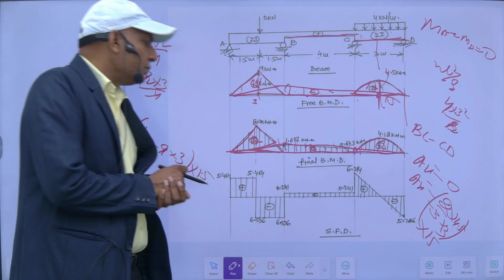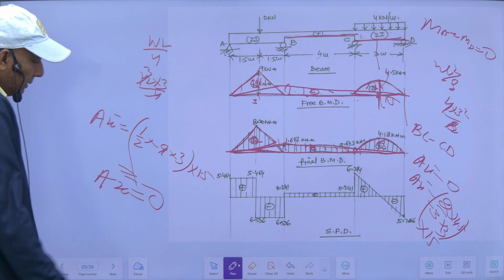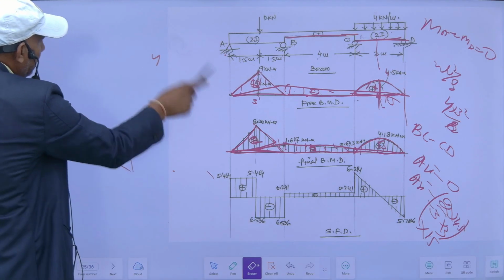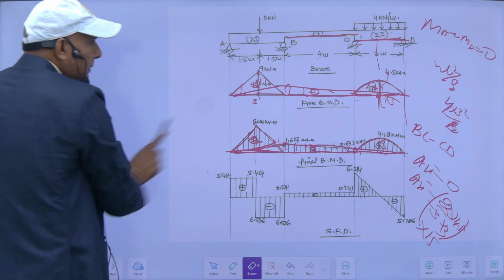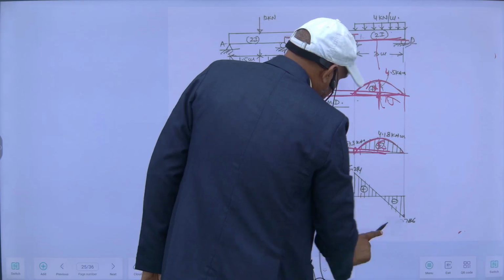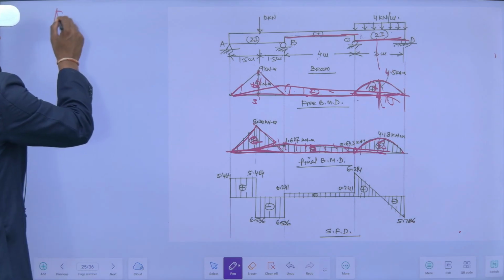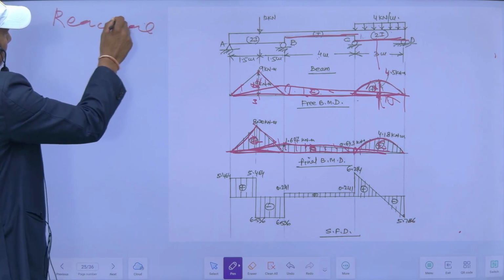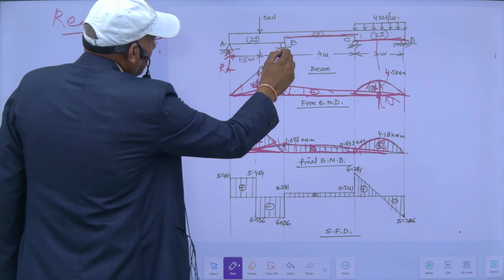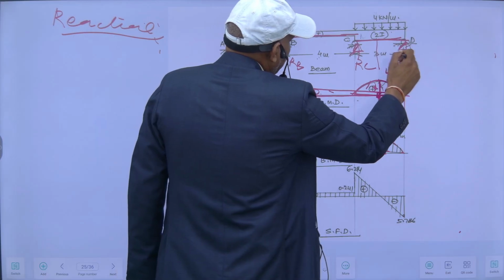For drawing the shear force diagram, what do we require? I require reactions, so I have to calculate the reactions. Let's take these as RA, RB, RC and RD.